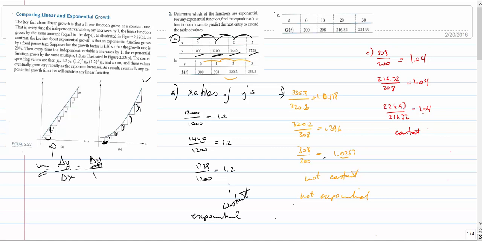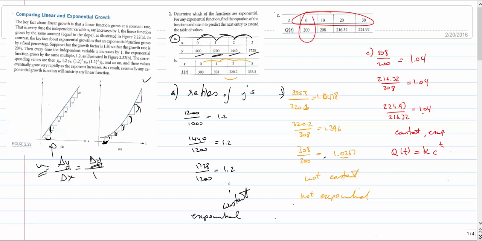And the function is exponential, of the form, let's say, q of t equals your initial value k times c to the t. Since the values of t do not increase by 1, you need to find the growth factor and k using two data points.